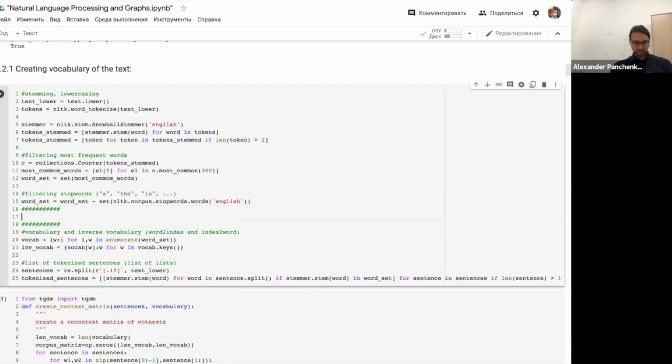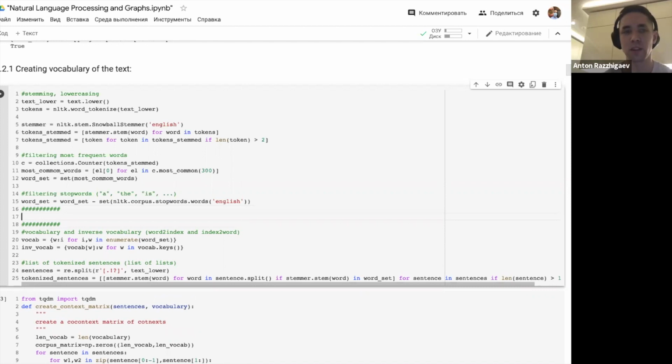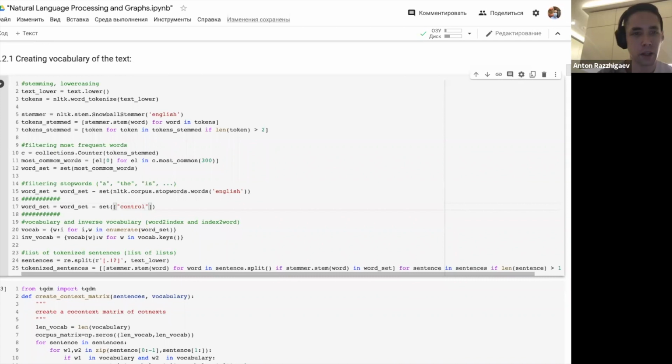Let's do it here. We just subtract the word control from our word set. Here, word set equals word set minus the set consisting of just one word, control. Okay, now it should work.